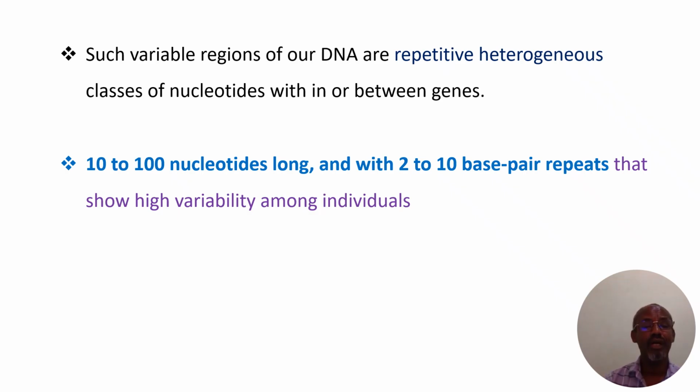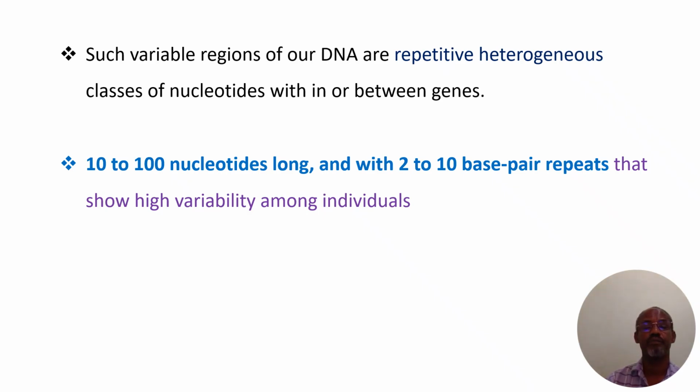These repetitive heterogeneous microsatellites are, generally speaking, 10 to 100 nucleotides long, with 2 to 10 base pair repeats. They are repeating units, just like this repetitive heterogeneous class of nucleotides.